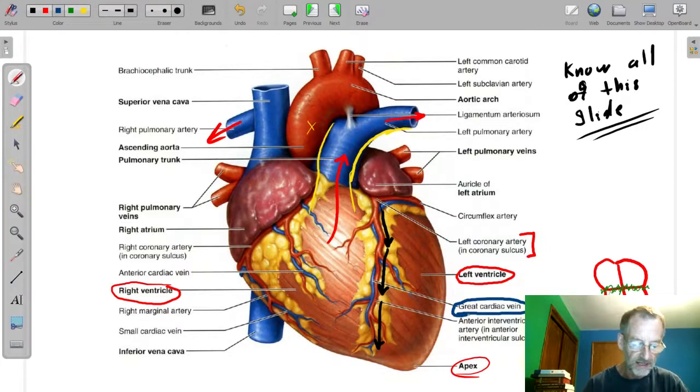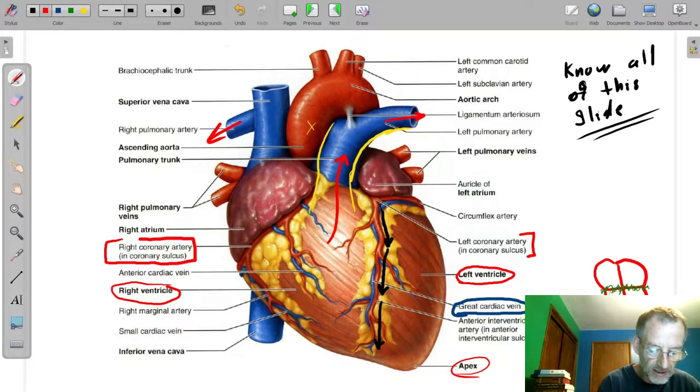On the right side, coming out of the aorta, and the next slide shows the origin of the right and left coronary arteries more clearly. But here is the right coronary artery in the coronary sulcus, again in that groove. It is going to run around posteriorly, but in this view you can see that it gives off the right marginal artery.